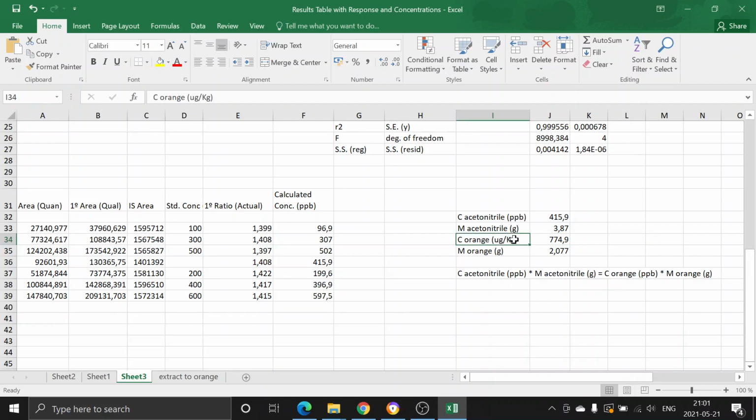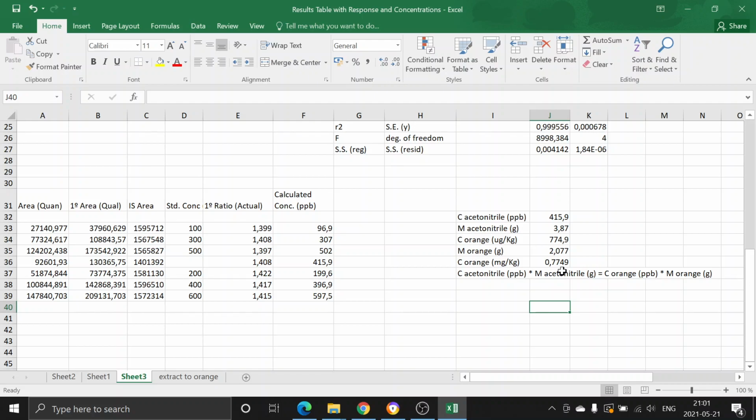Or you can also, wait a minute, report it in milligrams per kilograms, and this time it's going to be ppb divided by 1000, and in this case it's ppm, 0.775 ppm is how you report it.